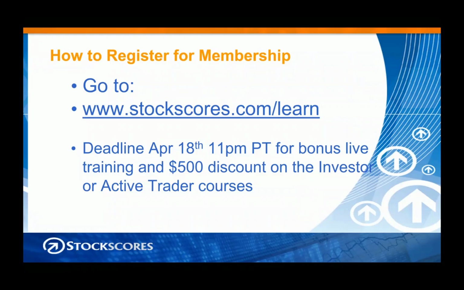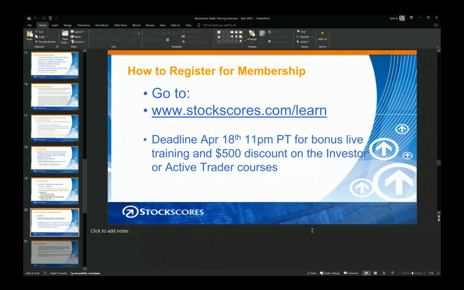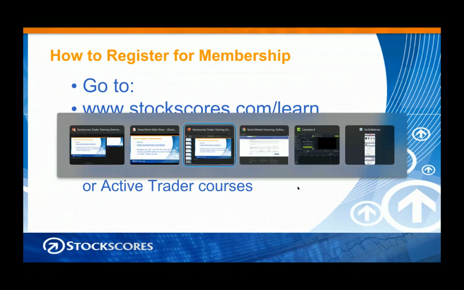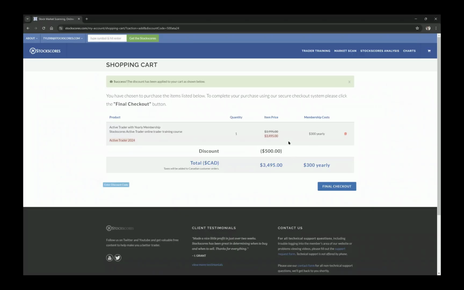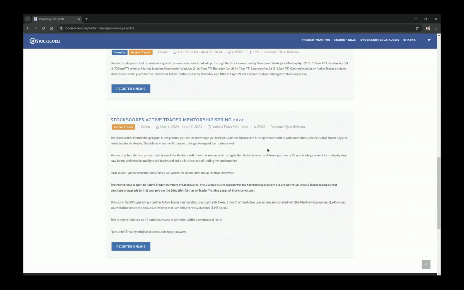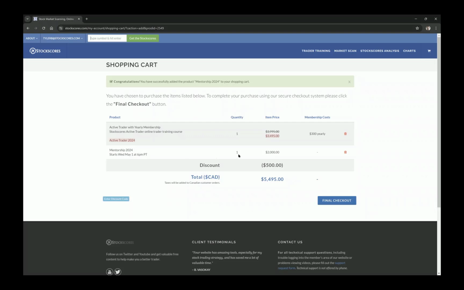Okay, now, if you want to do the mentorship, it's a little more complicated. To do the mentorship, you have to first buy the active trader course. Then you log out, log back in. Now the website knows you're an active trader member. Then you go to upcoming events and you scroll down to where it says active trader mentorship and you click on register online and it'll add the $2,000 on.